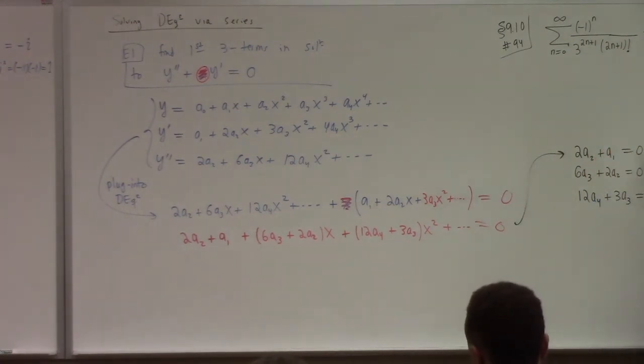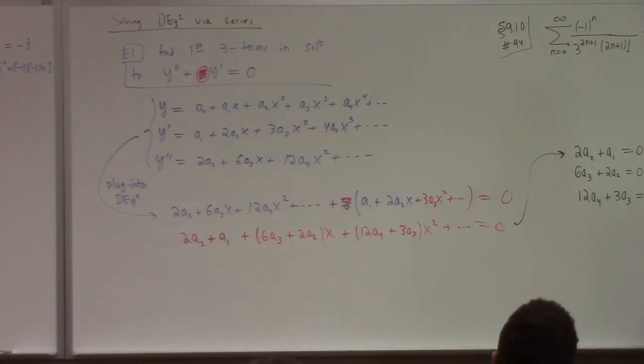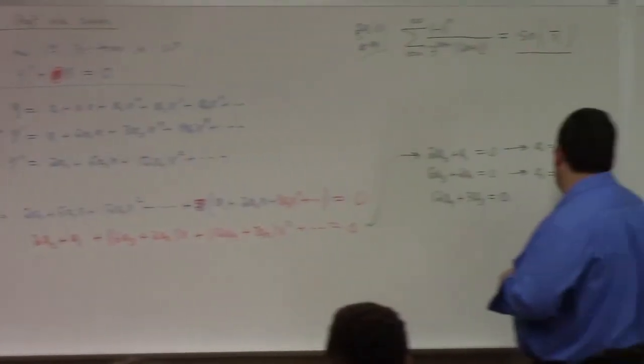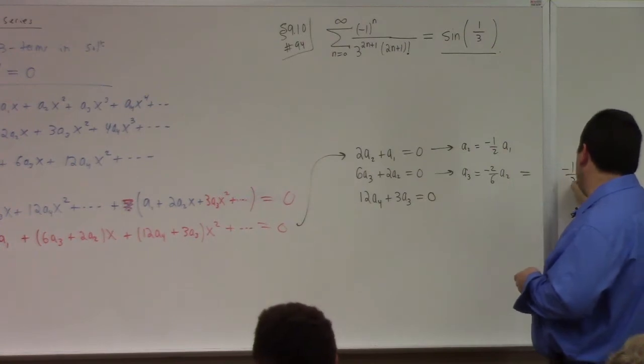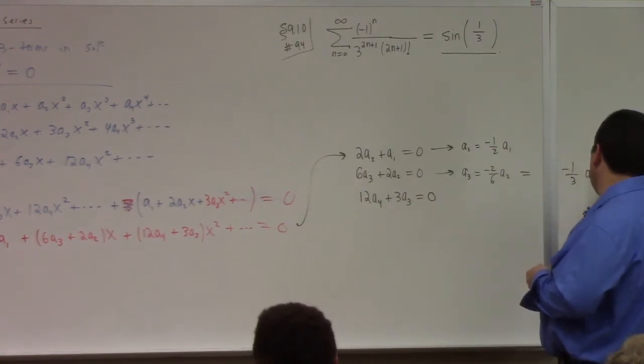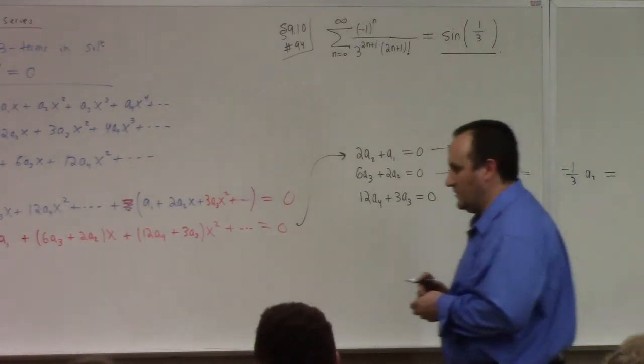So what's this say? This is actually not an entirely typical example. So a2 is minus 1/2 a1 from that equation, right? How about the second equation? This tells us that a3 is minus 2 over 6 a2. But what's that? That's minus 1/3 a2. But what was a2? We can rewrite a2 in terms of a1, right?